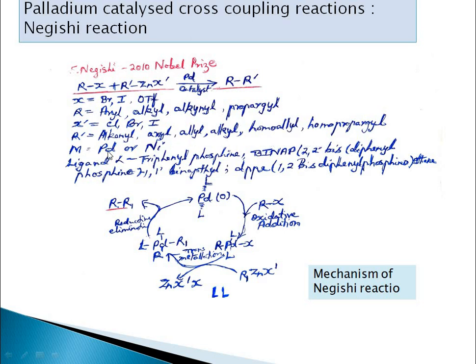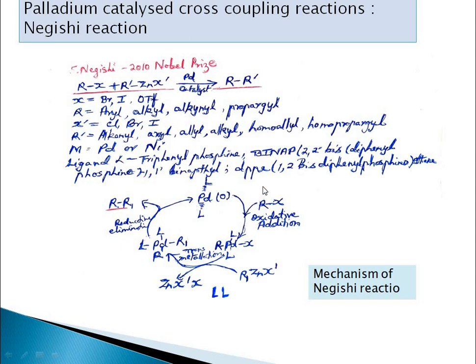M is equal to Pd or Ni. Generally, palladium is used. The ligands used together with this can be triphenylphosphine, BINAP, or DPPE, that is 1,2-bis diphenylphosphinoethane.